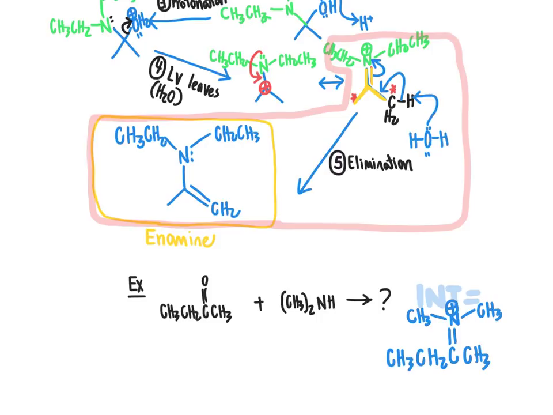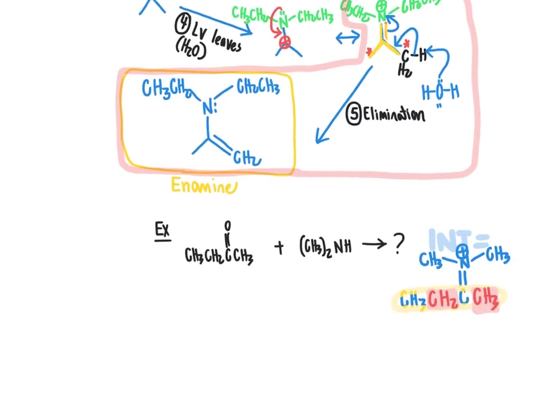So now what we need to do is decide where we are going to deprotonate. Our candidates for this are going to be either set of protons that are on the carbons adjacent to the carbonyl carbon. So that's going to be the sets that I've highlighted in red there.